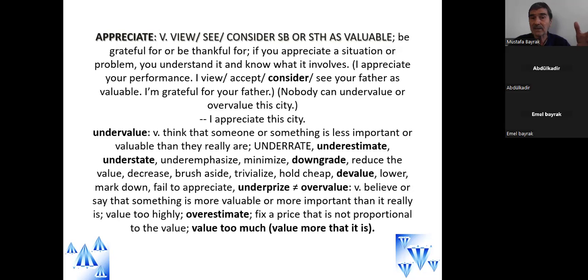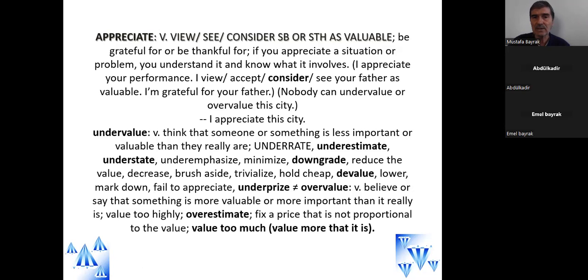This is completely a negative approach. Undervaluing is a negative approach. Or underrate, it is also a synonym for undervalue. Underestimate is also negative. Understate, emphasize.